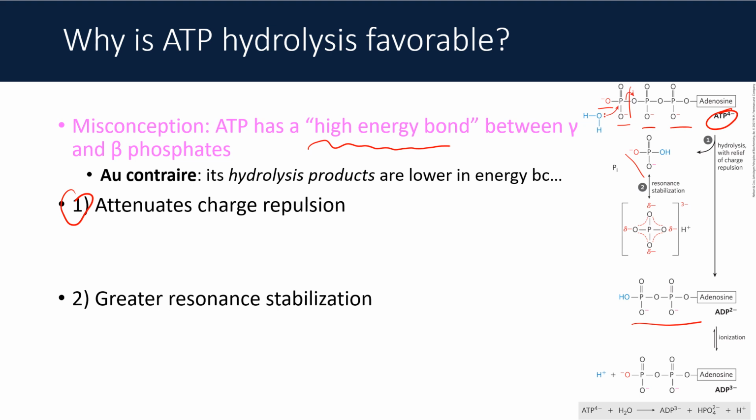The second reason why the hydrolysis of ATP is so favorable is resonance stabilization. The ATP molecule as a reactant has 2 phosphoric anhydride bonds that I will highlight in yellow. This is a phosphoric anhydride, and this is another phosphoric anhydride.